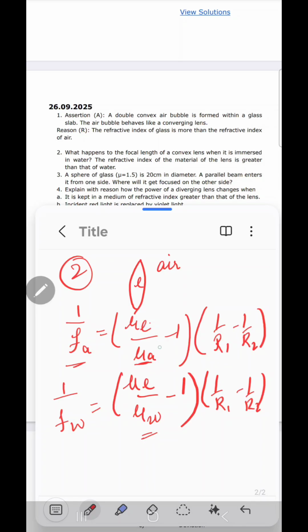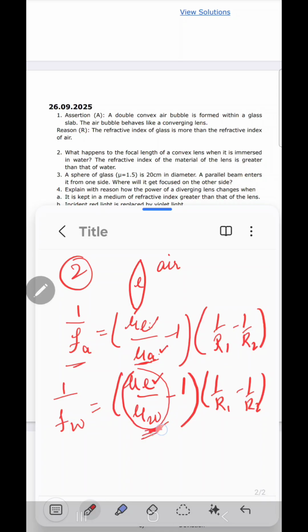Now, the refractive index of lens with respect to air changes to the refractive index of lens with respect to water. Now you see the lens is being compared with air, here it is being compared with water. Now water's refractive index is more than air, so this whole term would be decreased.